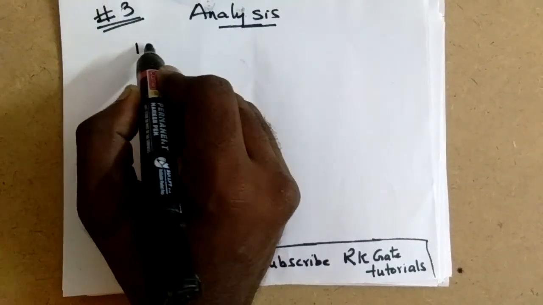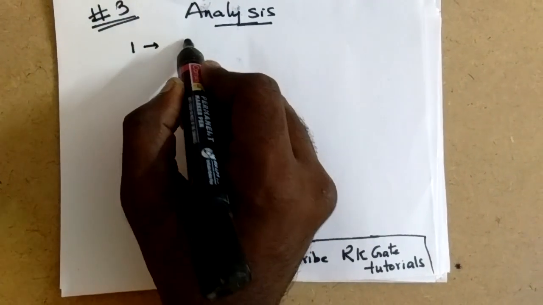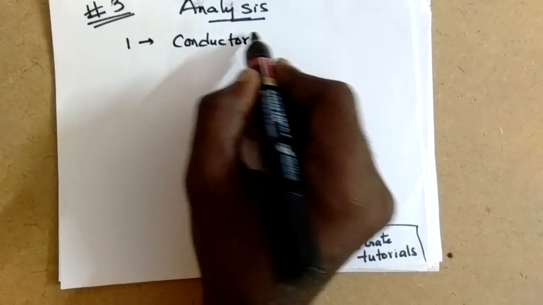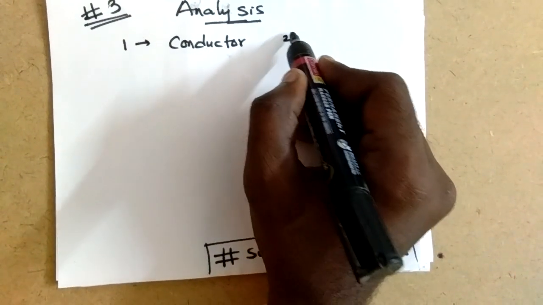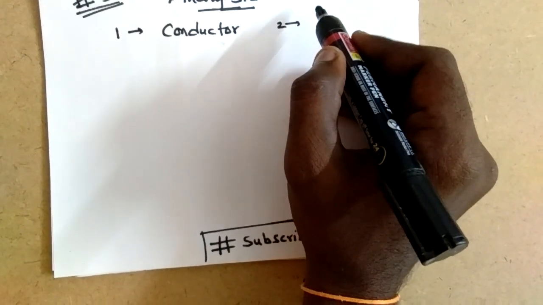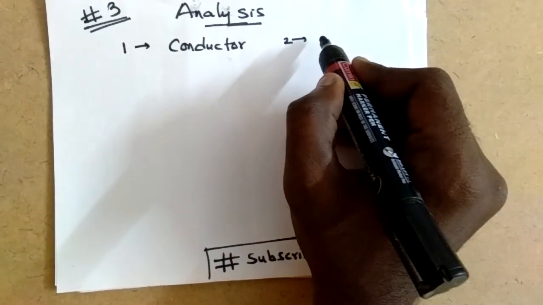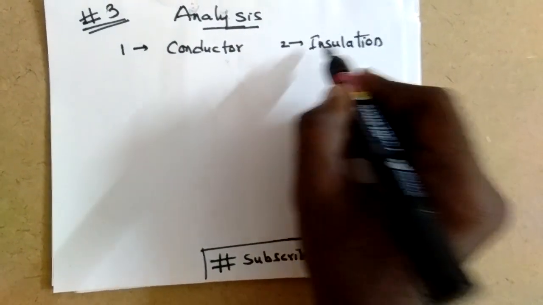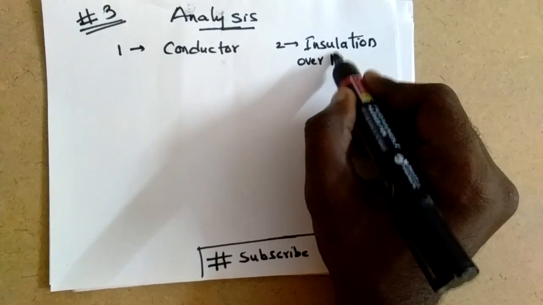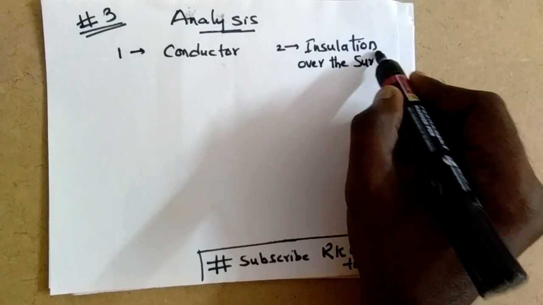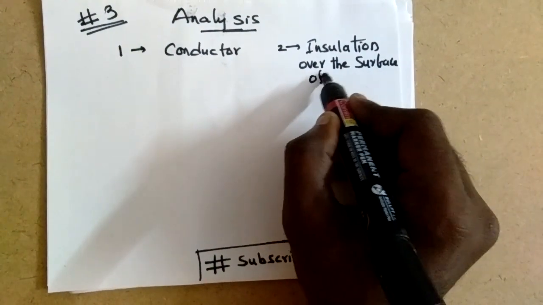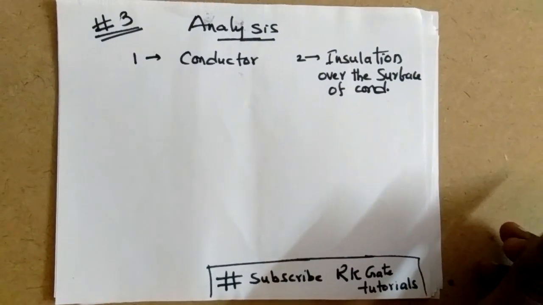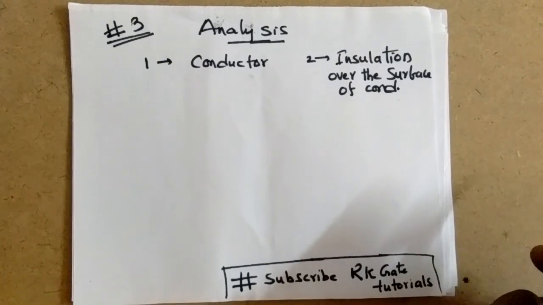The first one is conductor, and the second one is insulation over the surface of the conductor. So these are the two ways we can analyze the open circuit faults.